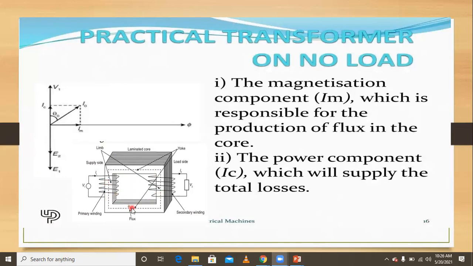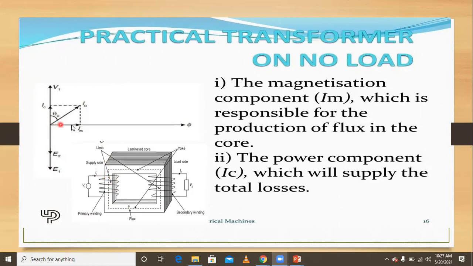That's why the flux and the magnetizing current both are in phase, the maximum value of the flux and the magnetizing current.